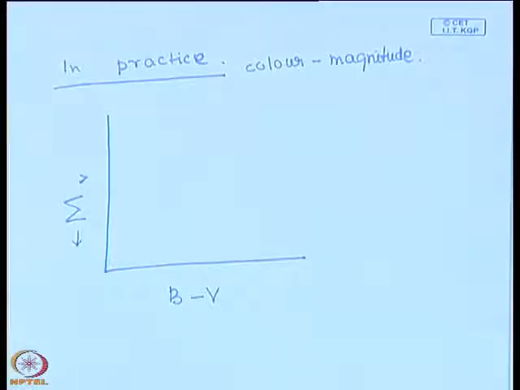So, it could be a globular cluster or it could be an open cluster, but a cluster. And so, the distance to the cluster is approximately the same from us. So, if you look at a collection of stars to which the distance is approximately the same, then the distance introduces a factor which is the same for all these stars. Okay. So, up to a multiplicative constant we know the luminosity.